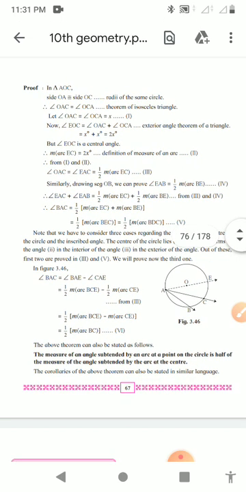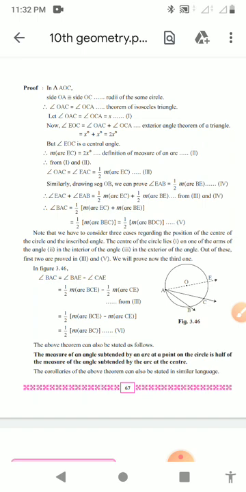Now if we see, angle BAE can be written as half of the measurement of arc BCE, isn't it? Because this is the intercepted arc of the angle, minus, we can write CAE as half of the measurement of arc CE, isn't it? In a similar way, we can consider equation number 3 as a reference.